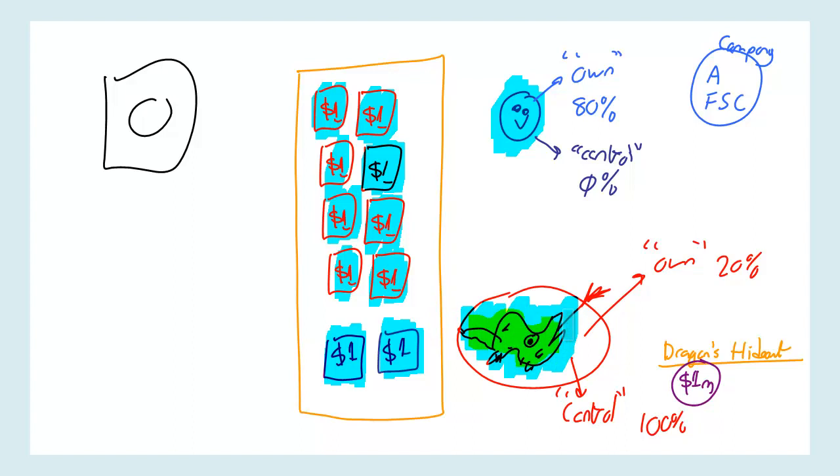And if that does happen, after a certain period, I now own 80% and control 80%, and my dragon character there owns 20% and controls 20%. So that can happen with ordinary shares as well. We get these different classes, often called A and B. You can have C shares, X shares, Z shares, whatever kinds of shares you would like.